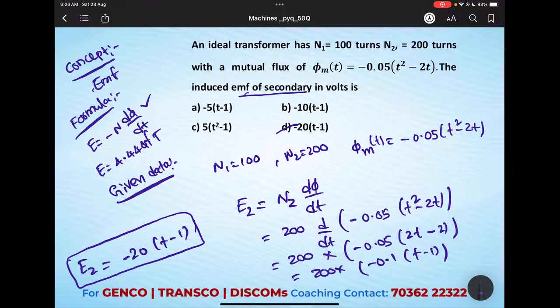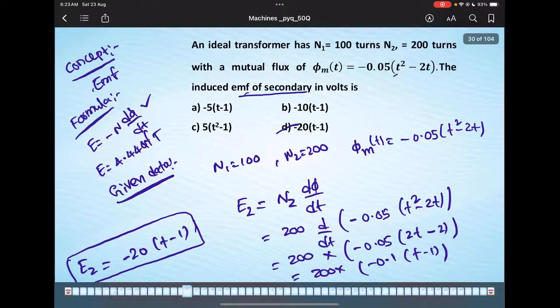The second thing to focus on is the given data. In the question they are asking for secondary side EMF, so in substitution, which turns do we substitute, N1 or N2? Since they are asking about secondary EMF, we substitute N2 here. With just a little care, we can solve the question very easily. Hopefully it is clear.